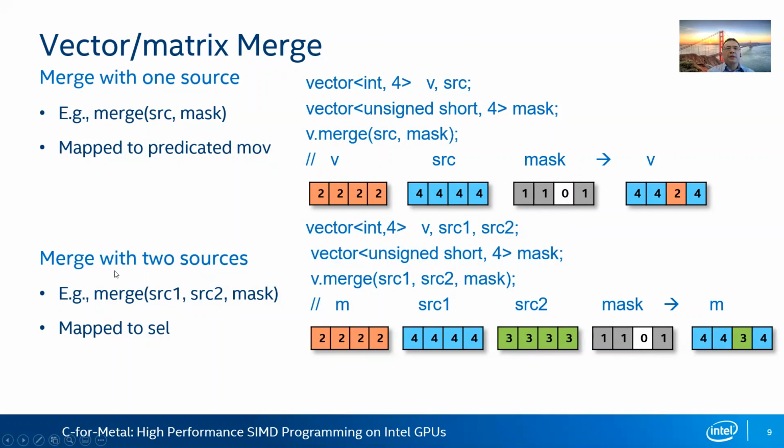The second one merges from two sources. It takes the value from source one when the corresponding mask bit is true, and from source two otherwise, as shown in the example here. The first merge is mapped to a predicate move. The second merge is mapped to a native select instruction.